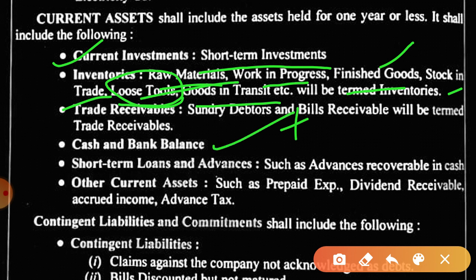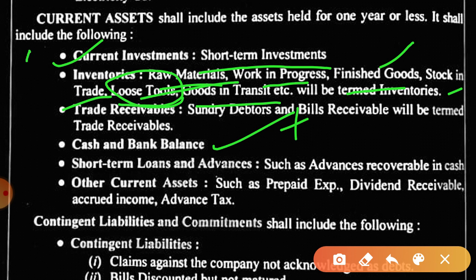Then cash and bank balance, you know, amount of cash, amount of bank, then cheque in hand. Then short term loans and advances. The short term loans and advances which are given by the company to a third party or someone else. Then we have other current assets.